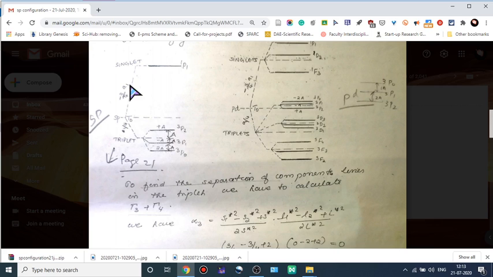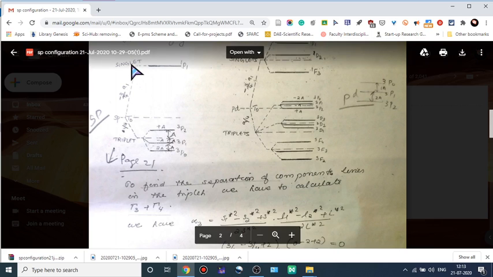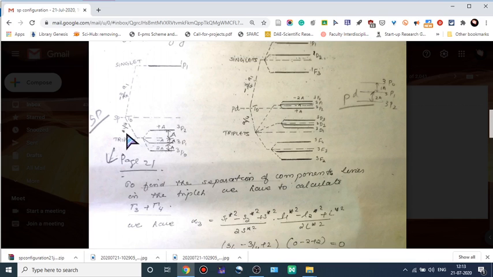The separation of the singlet state from the hypothetical value is 3 by 4 A1, whereas the separation of the triplet state from this hypothetical value is A1 by 4. These values A, minus A, minus 2A we will discuss in the coming section.